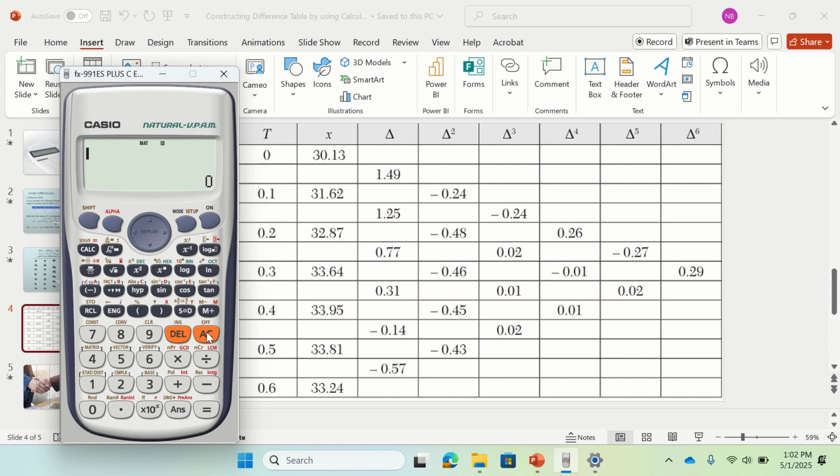So the first step is I have to go to math mode. So just press mode and then 1 to be in math mode. You see that? So what would I do? As I said, this is my A, B, C, D, and so on up to X. So I'll just set some formulas here.